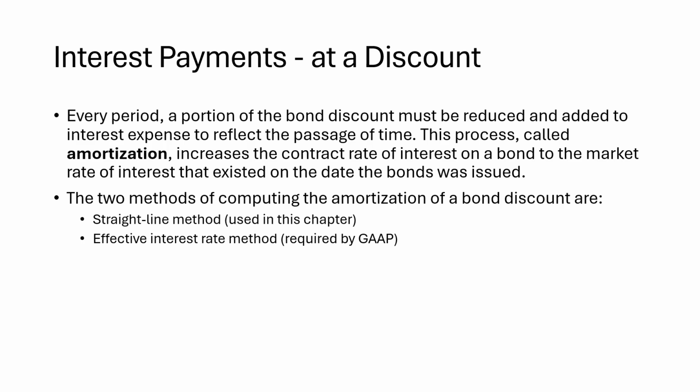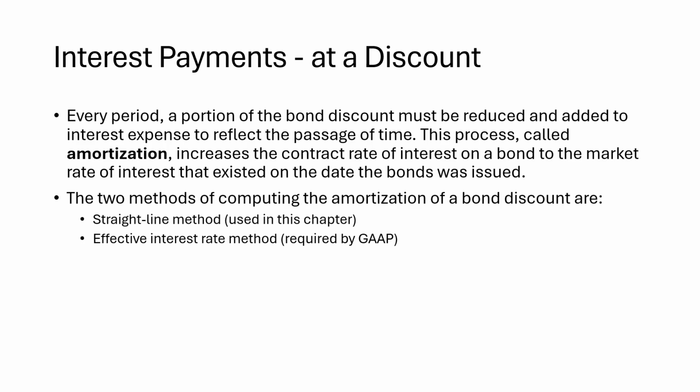So remember amortization, you learned that in Accounting 200. It's kind of like depreciation. So with depreciation, you make a regular journal entry over time that adjusts the depreciation expense. The same happens with amortization, and this is a special type of amortization that we talk about in this chapter.